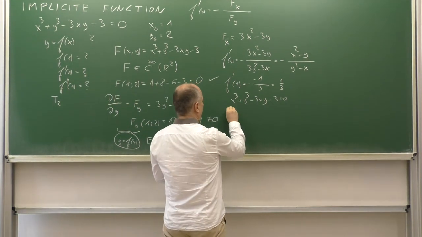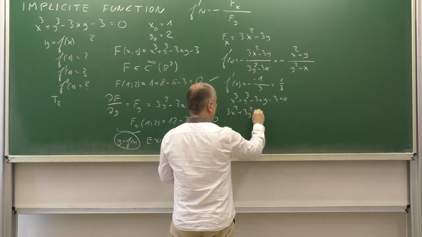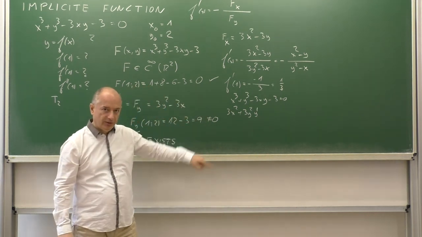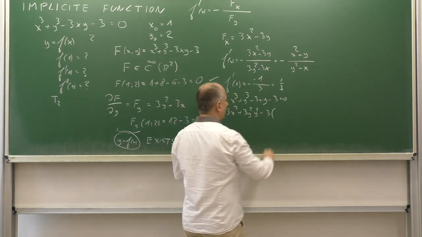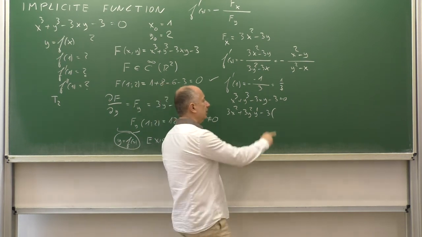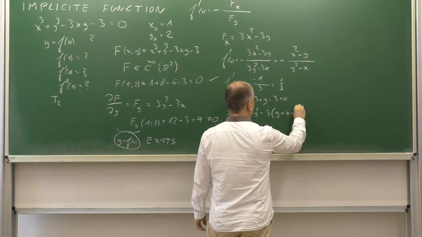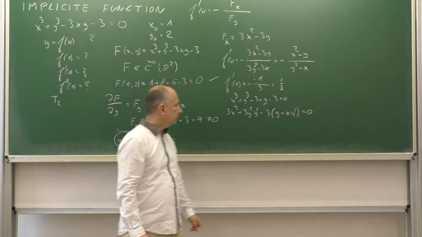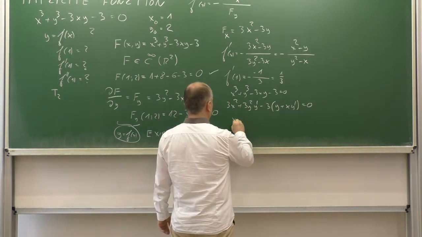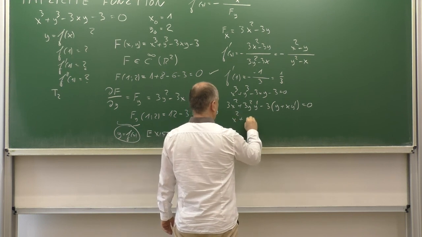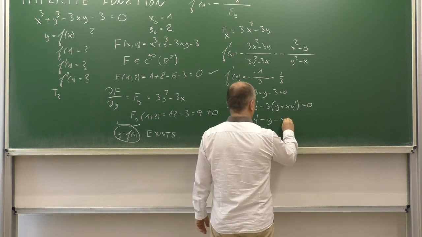So we differentiate: 3x squared plus 3y squared times y derivative. This is the derivative of the inner function, because this is a composite function. Minus 3, and the product xy can be differentiated: we differentiate x, which is 1, times y, plus x times y derivative, minus 0 is 0. We can divide by 3 to arrive at x squared plus y squared y derivative minus y minus x y derivative.